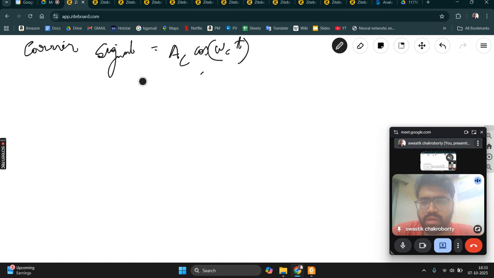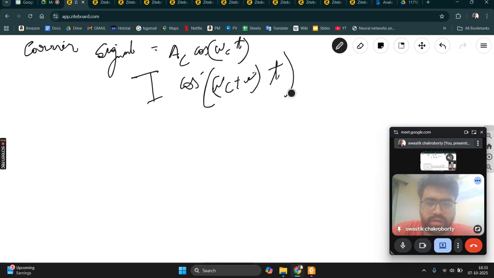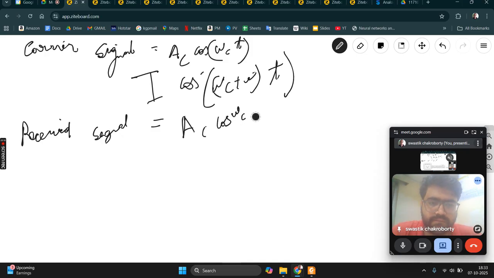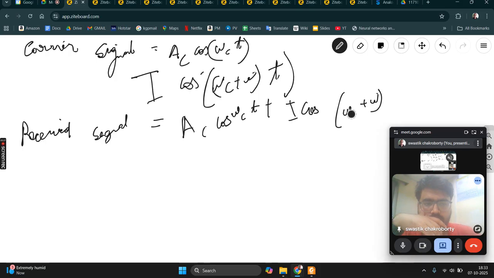That noise signal has an amplitude I and a frequency which is different from omega c. So let's write it as omega c plus omega t. So the received signal is Ac cos omega ct plus I cos (omega c plus omega) t.